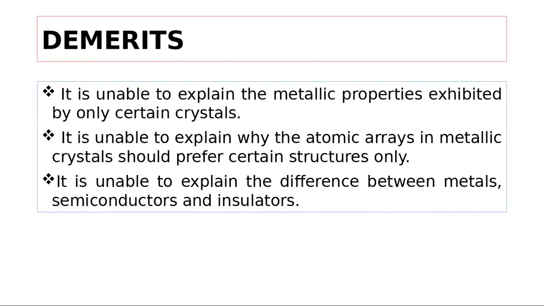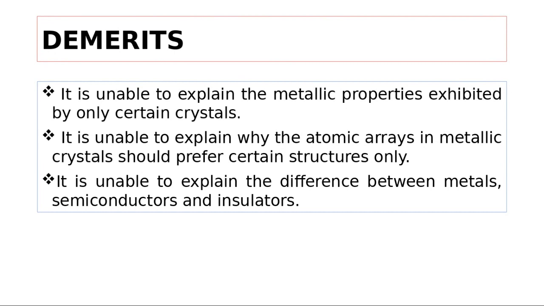In the first chapter we saw different crystal structures, FCC, HCP, but it can't explain why some crystals have only certain definite structures, why HCP, why FCC. Even this quantum theory of free electrons proposed by Sommerfeld is unable to explain these phenomena. So is it clear, students?